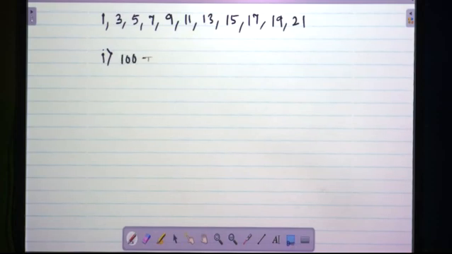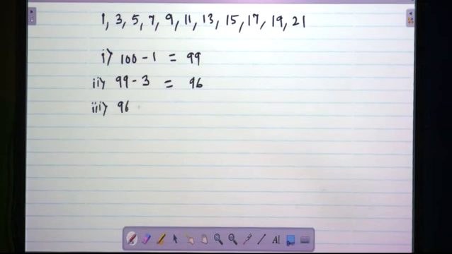100 becomes 0 after subtraction. 100 minus 1 is 99. Second step, 99 minus 3. Purposely I have written the odd numbers, because then we can very easily understand what we are doing. 99 minus 3 is 96. Next step, 96 minus 5, the next consecutive odd number, is 91.